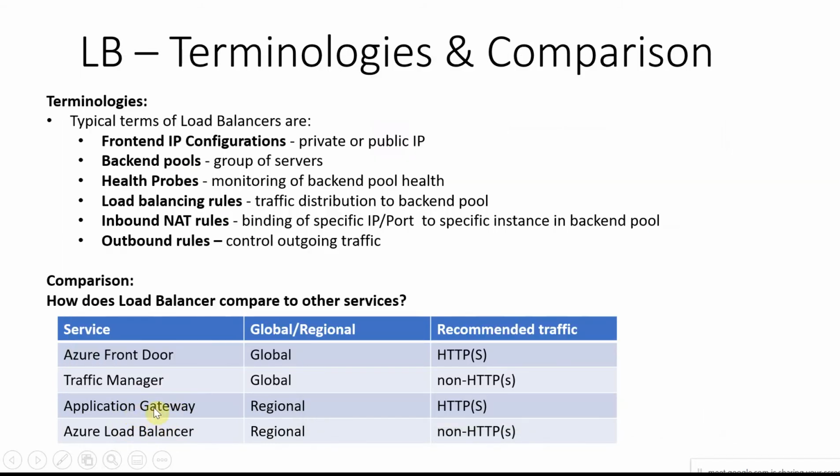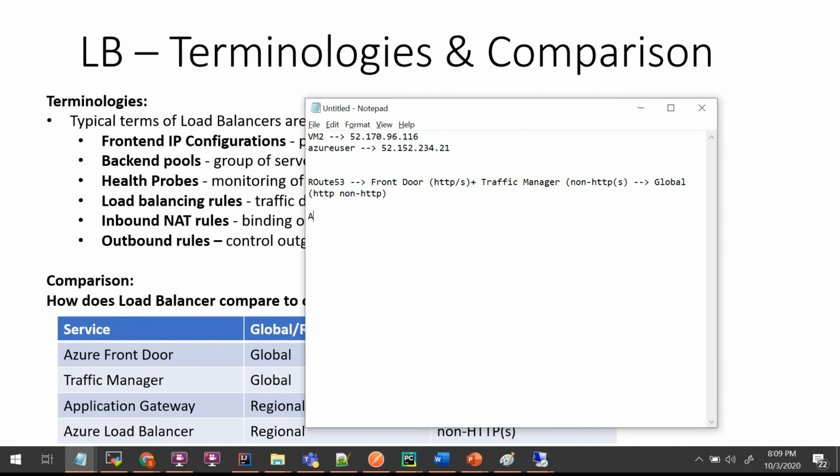These two are load balancers. In AWS, it is just AWS Load Balancer. Of course, internally they have network and application as separate subcomponents, but broadly it is just one product in AWS. Here it is split into two: Application Gateway, covering HTTP, whereas this one, Load Balancer, is non-HTTP.